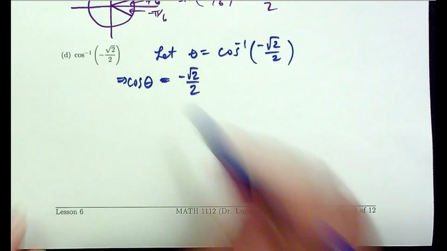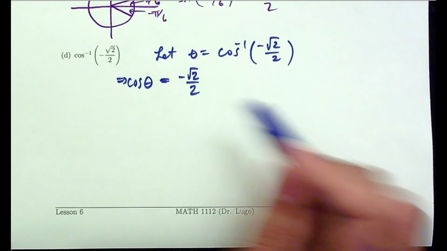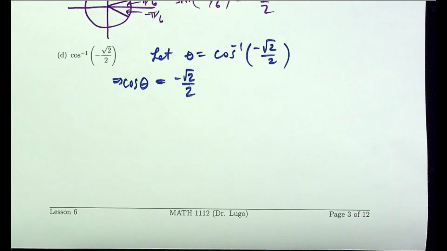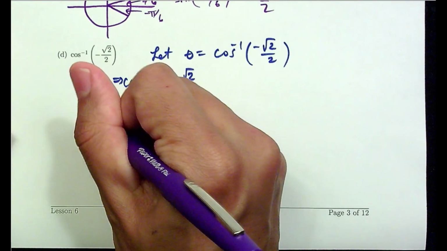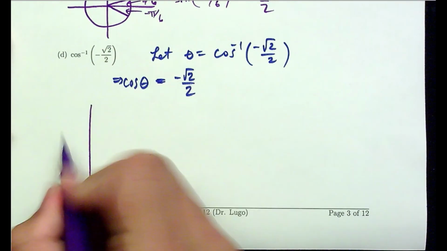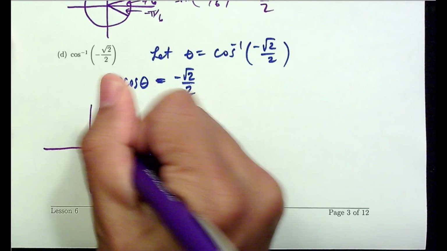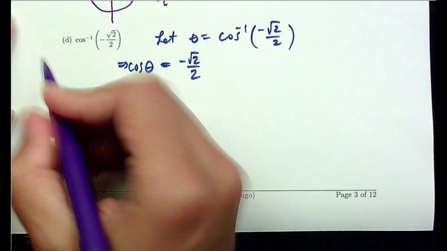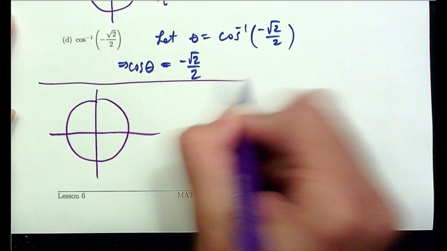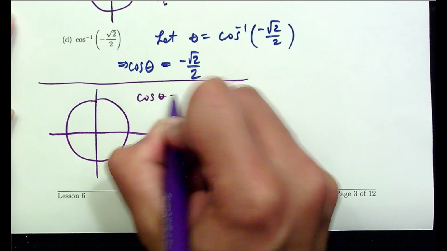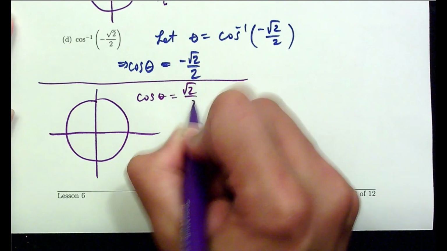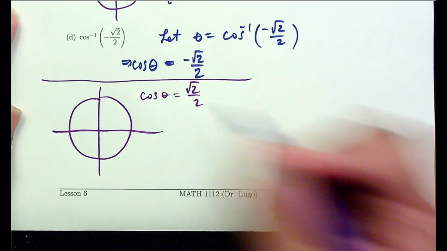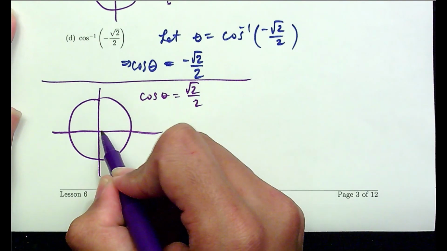Okay, once more, I don't know off the top of my head the angle whose cosine equals negative square root of 2 over 2, because I only memorized the positive ones. So let's draw a picture and see if we can figure this out. If I just think for a second of an angle whose cosine equals square root of 2 over 2, ignoring the negative for a second, then I can answer the question because that's a special angle in the first quadrant.